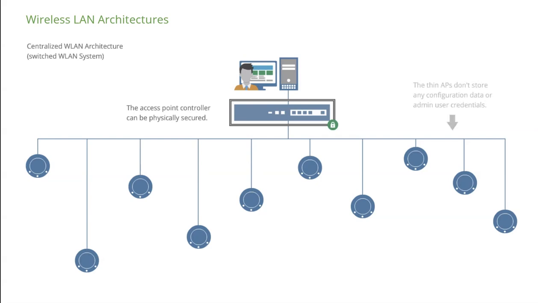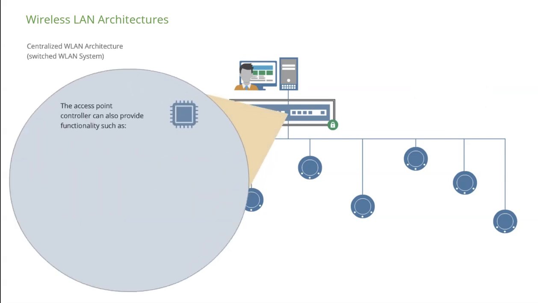In addition to this, these access points typically don't store any configuration data or admin user credentials. The access point controller can also include a powerful network processor that can provide value-added functionality, such as security and access control, VLAN management and manipulation, user roaming between access points, and quality of service.